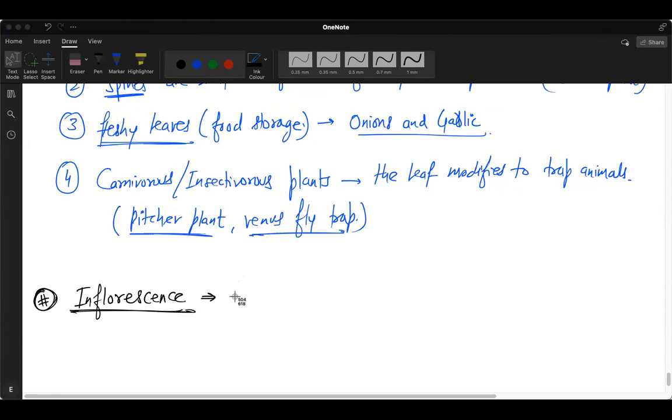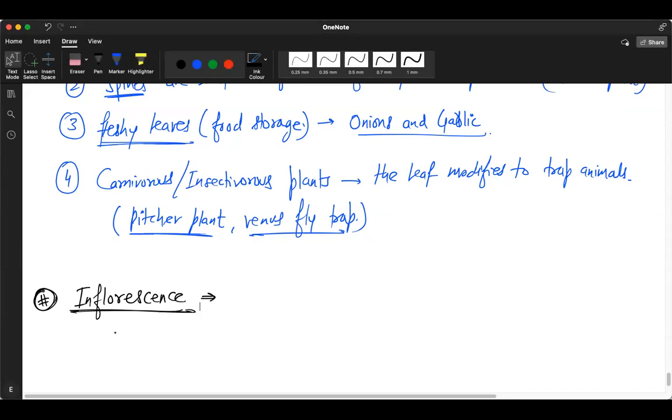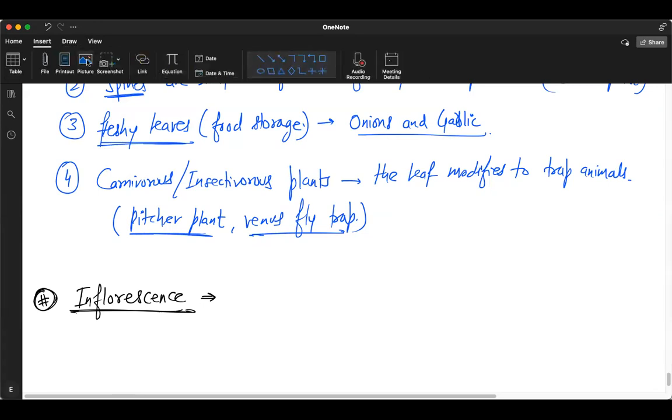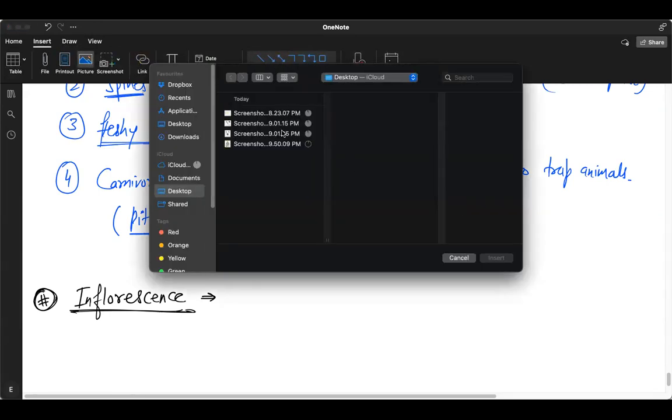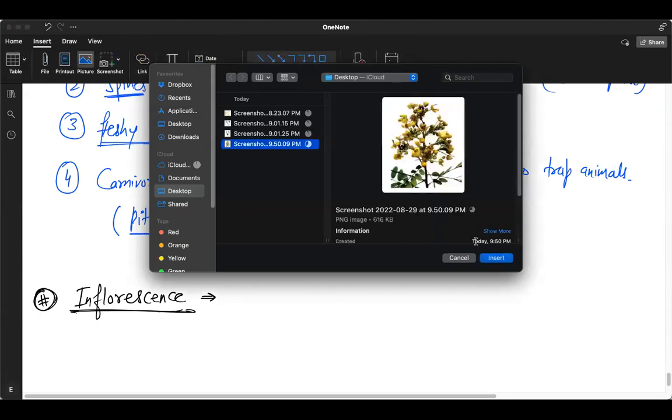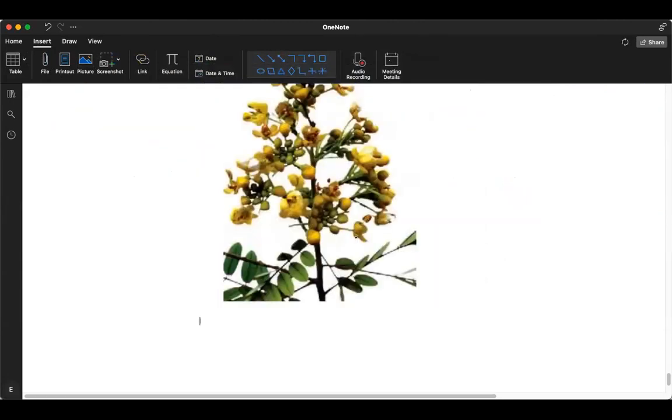We were talking about mango flowers, right? Mango inflorescence. So mango does not have flowers, it has inflorescence. Do you see, have you seen something like this?